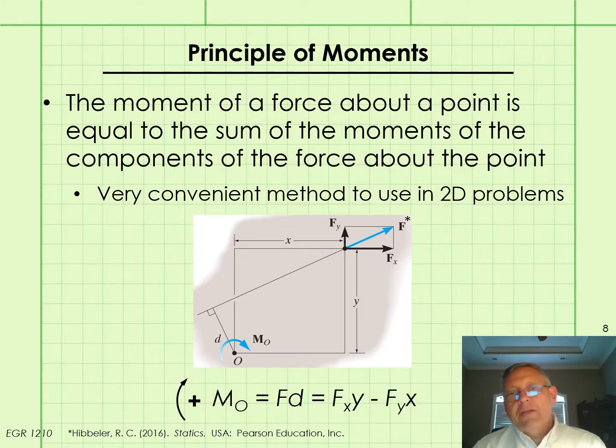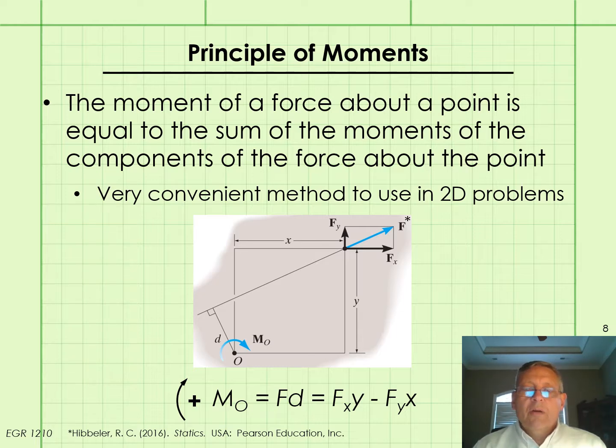The last thing we need to talk about is the principle of moments, which can be a very convenient method to use in 2D problems, depending on the problem. The principle of moments states that the moment of a force about a point is equal to the sum of the moments of the components of the force about that point. So let's see if we can make sense of that looking at this diagram here.